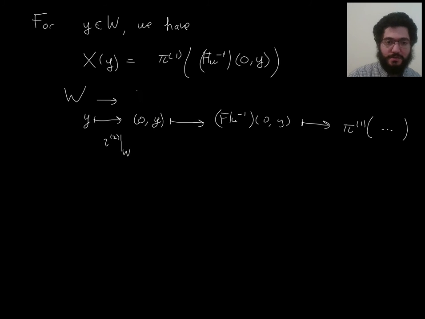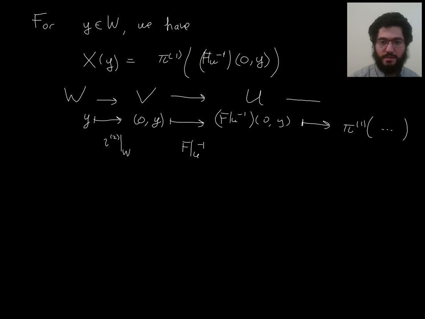W was defined so that when we do this we end up in v. Then we apply f restricted to u inverse. So what's going on here is applying this map, which takes us from v over to u. Then from u we apply the function pi1, and we end up in Rn. So that series of maps, that composition of 3 maps, that is x.